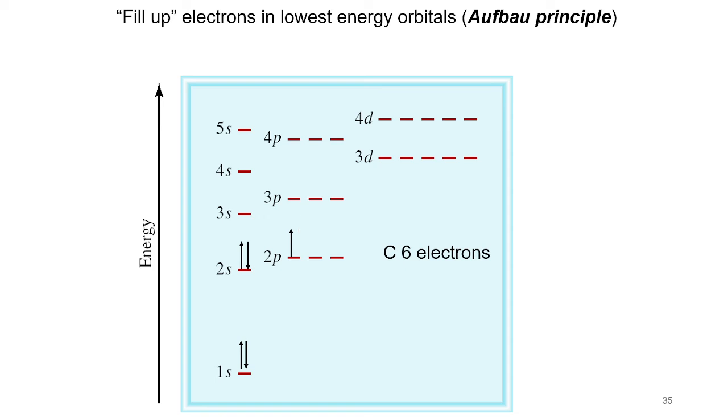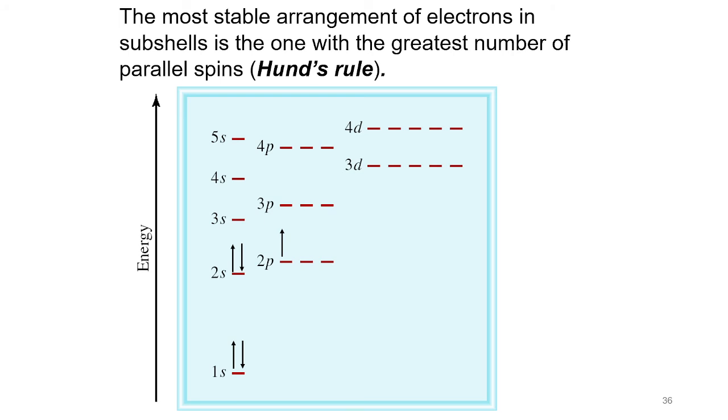No, ganito. Bakit? Kasi papasok na dito yung tinatawag natin isa pang rule, wherein when filling up electrons in orbitals of the same subshell, the most stable arrangement of electrons is the one with the greatest number of parallel spins.